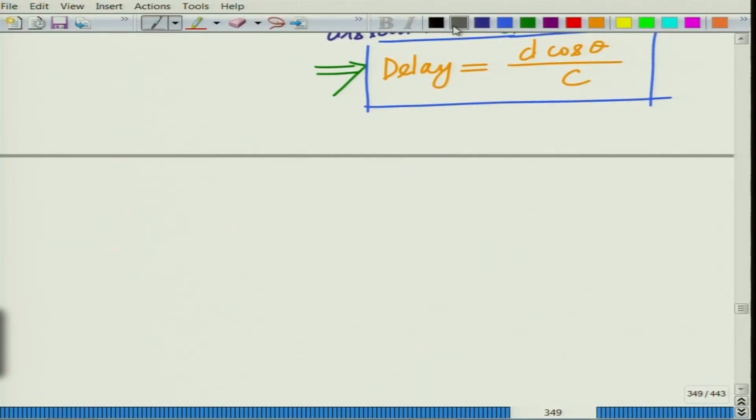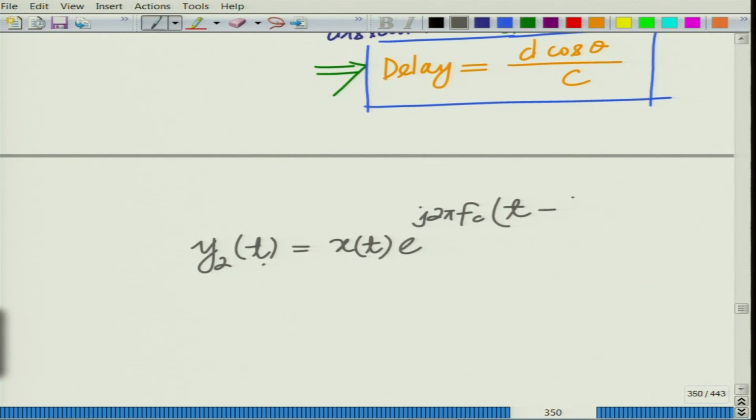Now, therefore, the signal y_2(t) is going to be the same signal x(t) times e raised to j 2 pi f_c, and now the delay is captured by t minus d cosine theta divided by c, plus of course the noise, which is going to be independent because this is the noise at a different antenna.